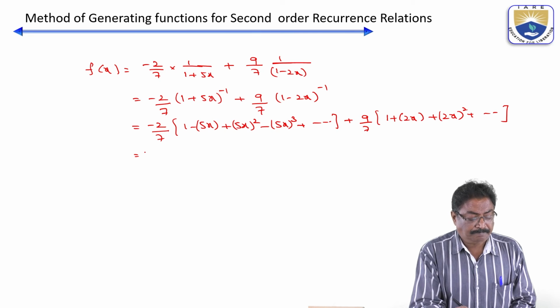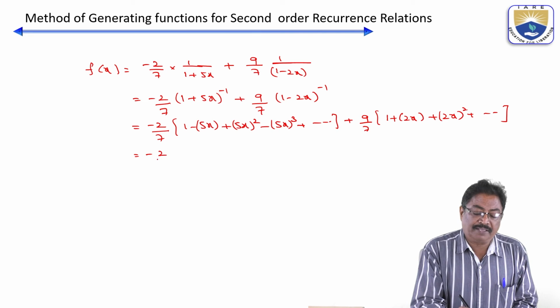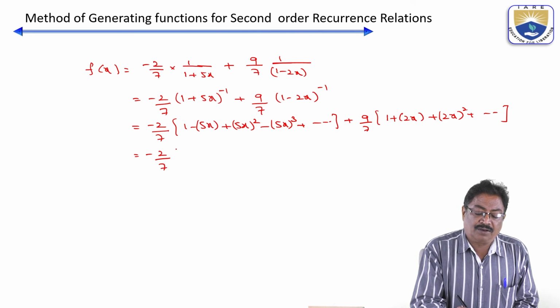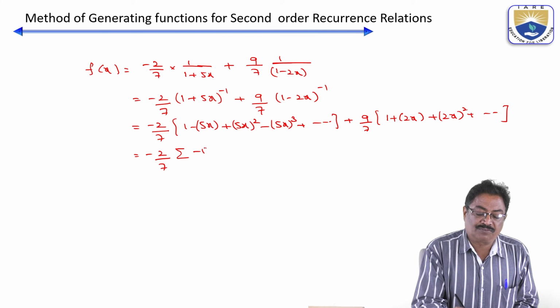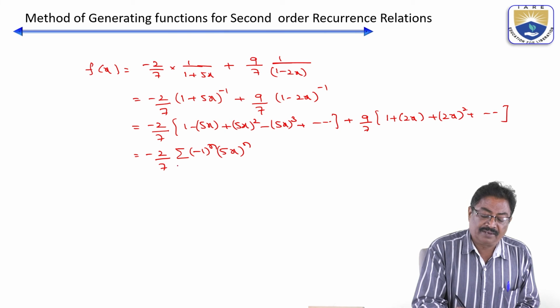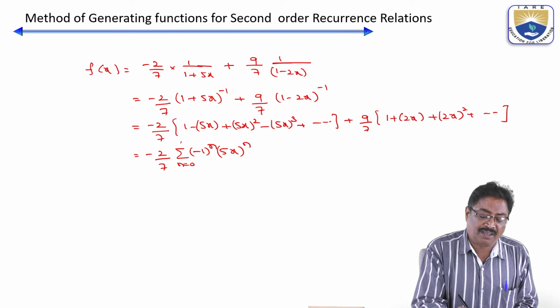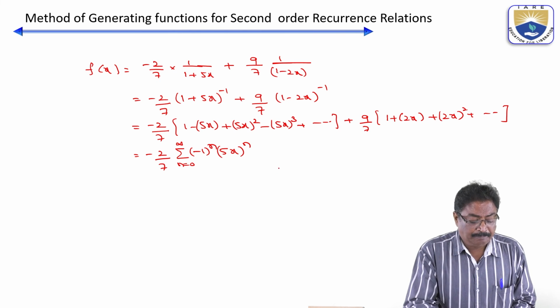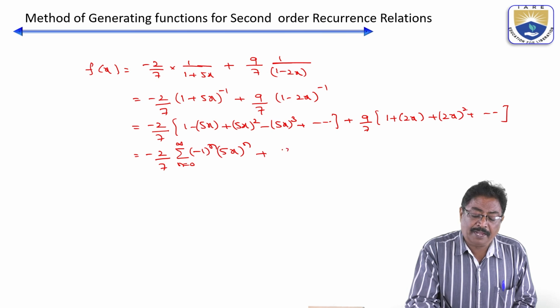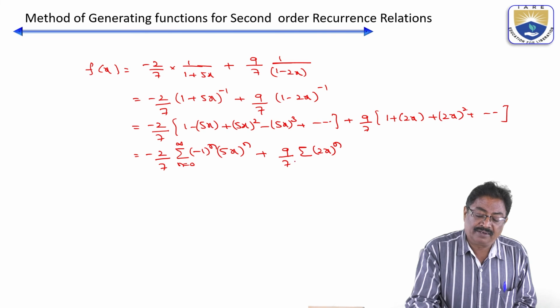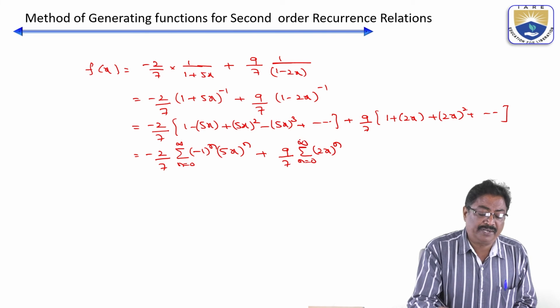So this is minus 2 by 7, and the whole thing I am going to write as minus 1 to the power of n, (5x) whole to the power of n, n equals 0 to infinity, plus 9 by 7 and (2x) whole to the power of n, n equals 0 to infinity.